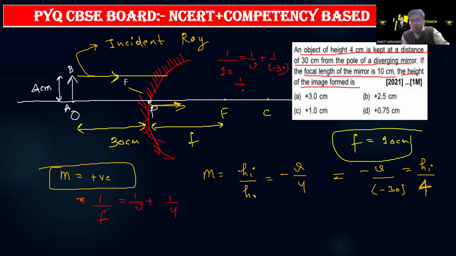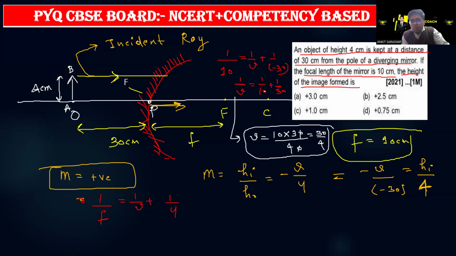Okay. So 1 upon v is equal to 1 upon 10 plus 1 upon 30. So v comes out to be, if you solve this equation, 10 into 30 divided by 30 plus 10, which is 40. So it will be 30 by 4. Let it be. No need to solve it further. 30 by 4.